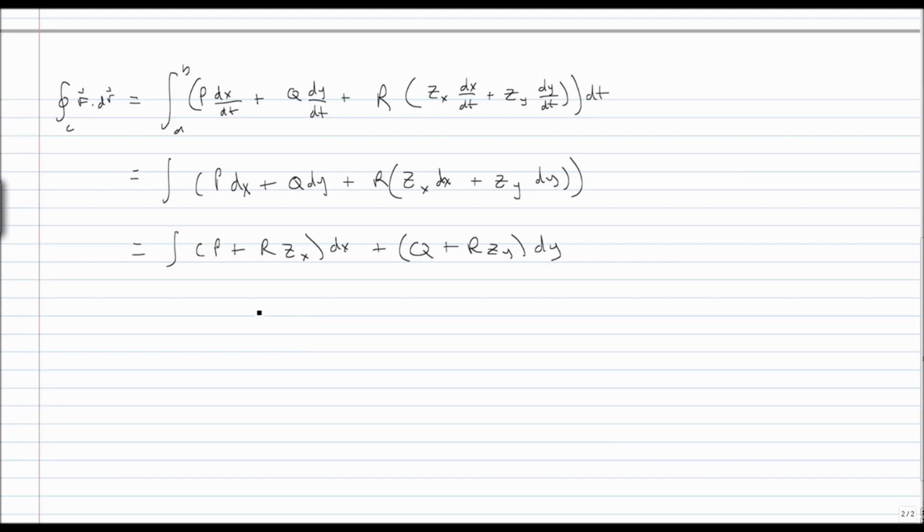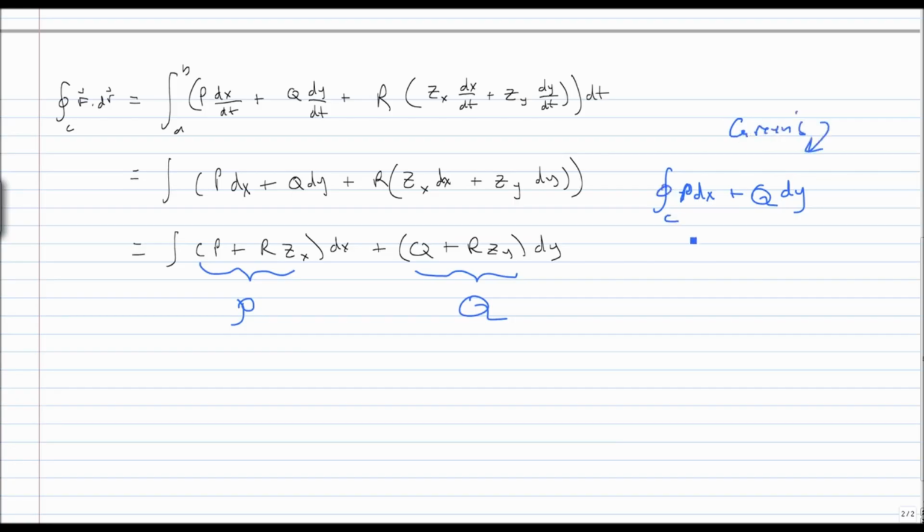And then what do we have here? Well, if I let this term over here equal some fancy looking P, and I let this term over here equal some fancy looking Q, then we have the integral of fancy P dx plus fancy Q dy. And what's this? Well, this is one of the forms of Green's theorem.